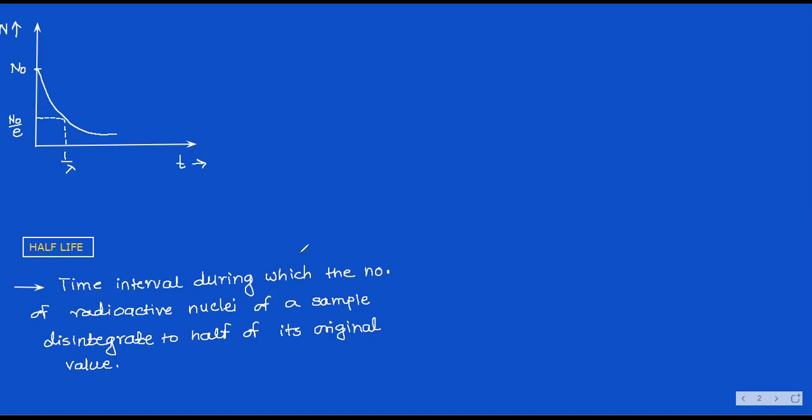The interval during which the number of radioactive nuclei of a sample disintegrate to half of its original value. Already I have explained this, right?